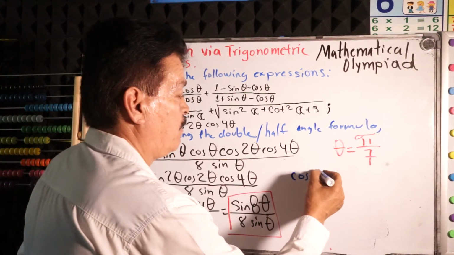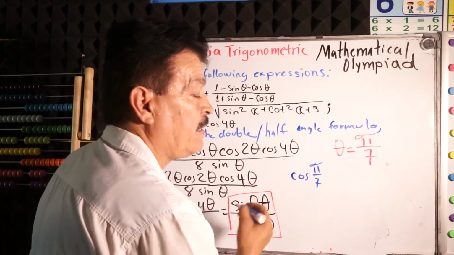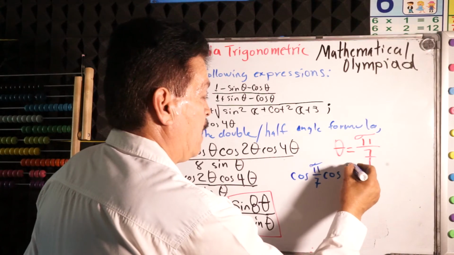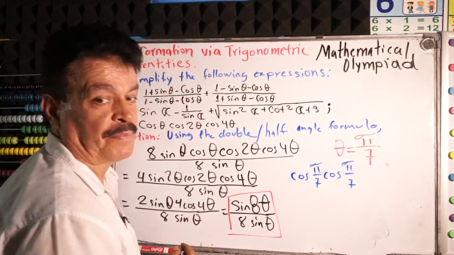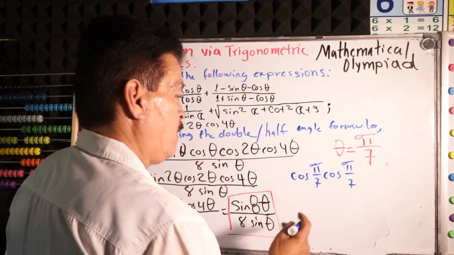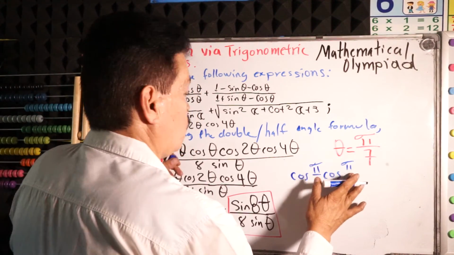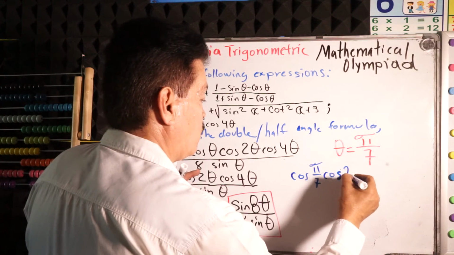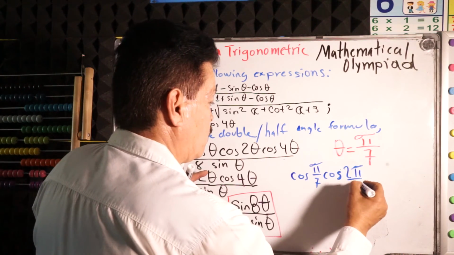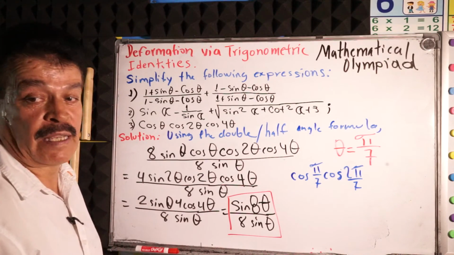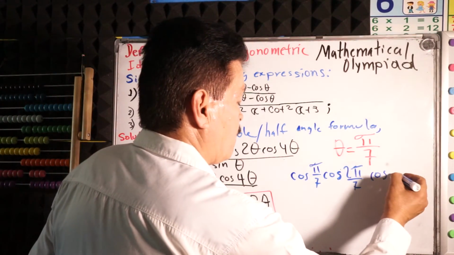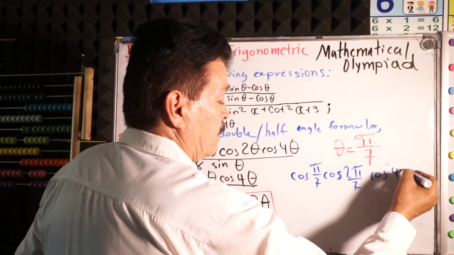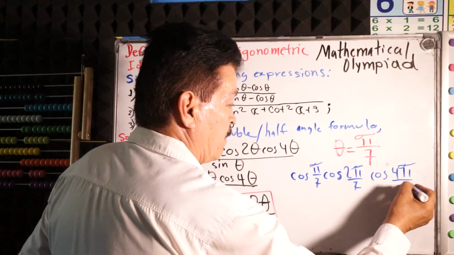Cosine of pi divided by 7, and the second one is 2 pi divided by 7, I am writing this as an example. And then cos 4 pi divided by 7.